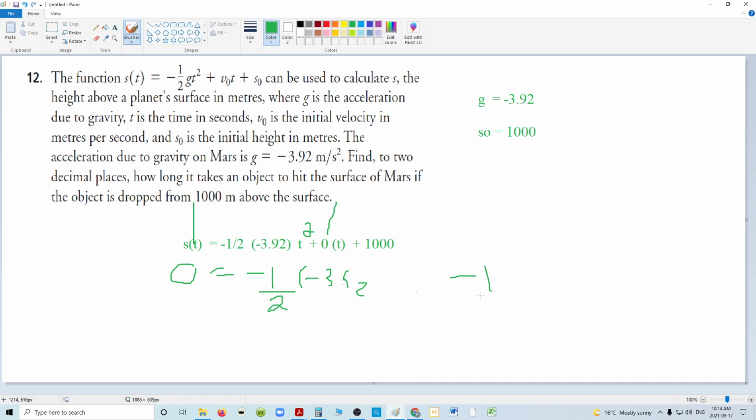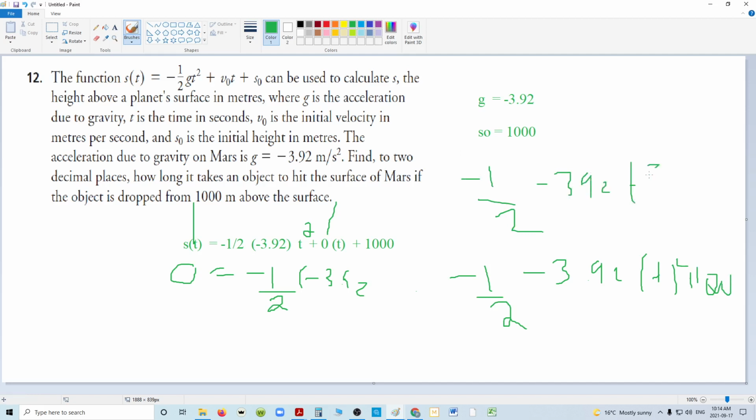So I get a negative half, yeah, let's leave it like this, times negative 3.92 times t squared plus 1,000 is equal to 0. When is its height 0? So I get a negative half times negative 3.92 times t squared is equal to negative 1,000 because you put it on the other side. I multiply by negative half, so negative 3.92 t squared is equal to positive 2,000.